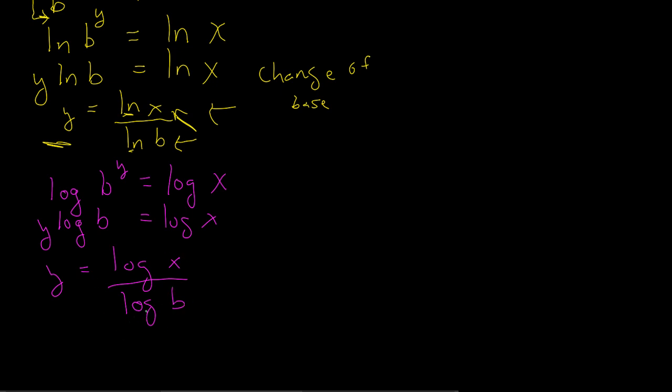And I have my change of base with log base 10. In fact, the general change of base formula, in green, is: my y value is equal to the log, in some base I have on my calculator.